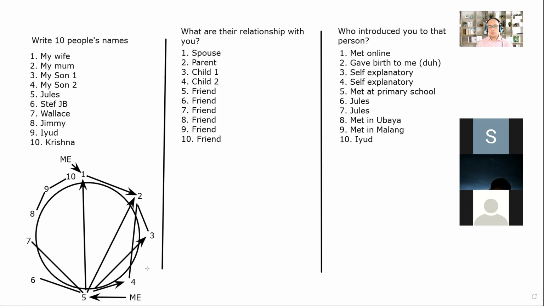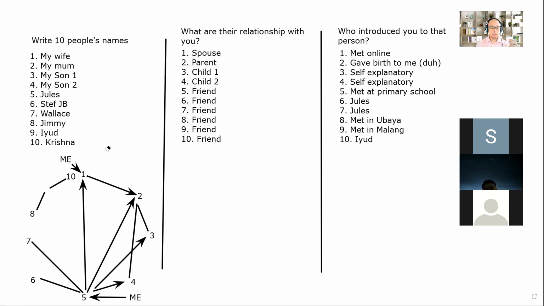Now, this is just 10 names, but as I'm sure you know more people, as your network grows and expands, this sort of network, this sort of relationship becomes more and more complex as it grows.